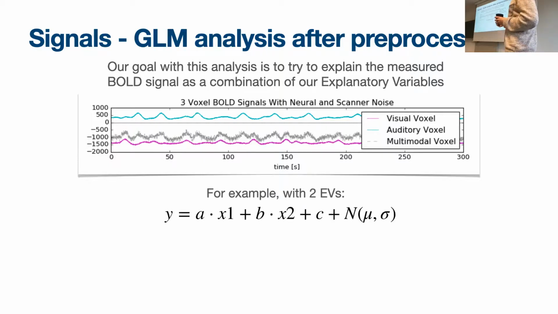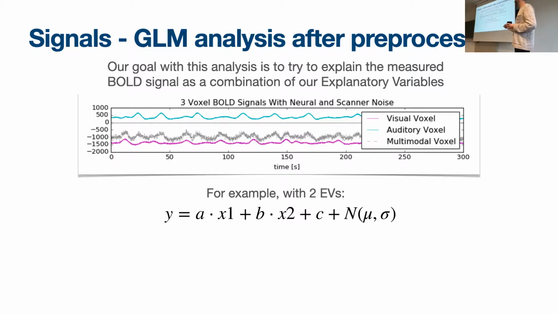Now, the way that we do that is by saying if we have two explanatory variables, we have an expectation time course x1 for vision, for example. We have an expectation time course x2 for audition, right? So those are just those vectors of these time courses. We have an intercept, which is like the mean of the signal. We'll get into that in the practicals. And these describe our data.